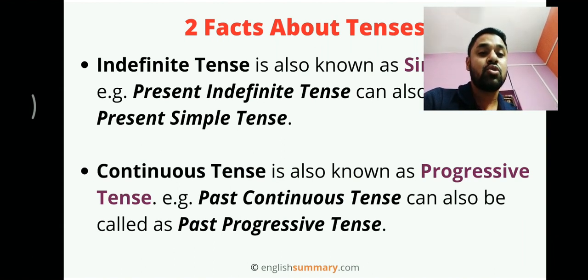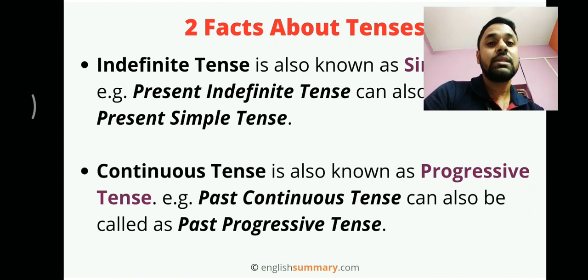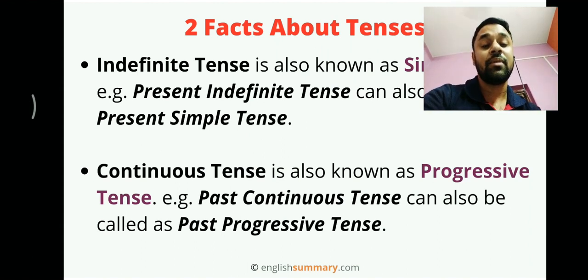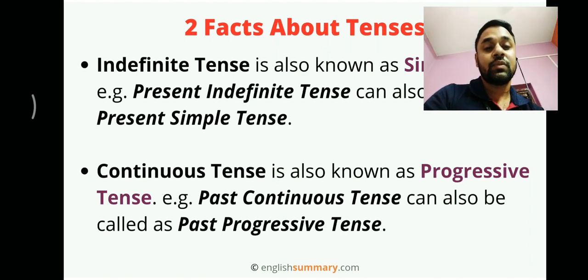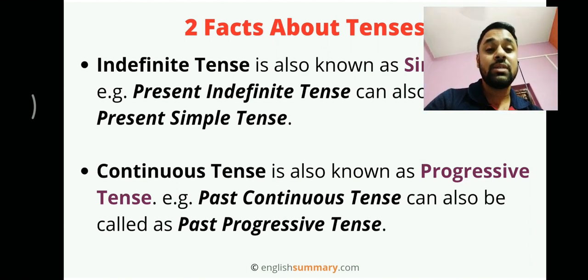Here it is given past, but we are discussing present. So present continuous tense can also be called present progressive tense. So they have different names. Like simple present tense, we can say present indefinite tense. Present continuous tense, we can say present progressive tense. Okay, both are correct.